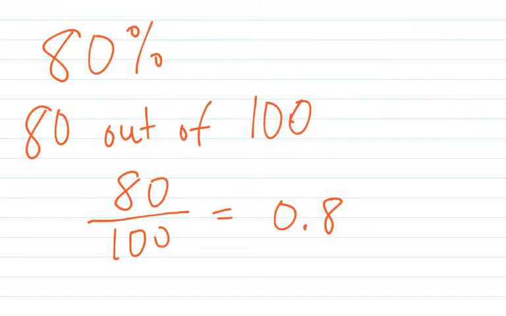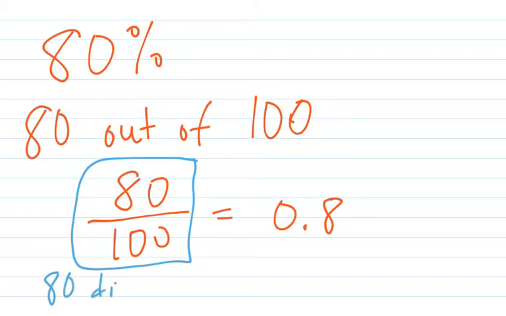So if I were to say 80%, we could think of that as 80 divided by 100 or 80 out of 100. When I write it like this fraction, this is me saying 80 divided by 100, because fractions like this are just a way of representing division, dividing things into pieces.